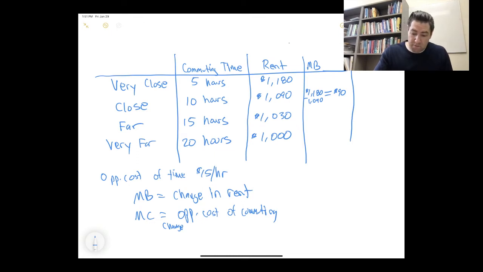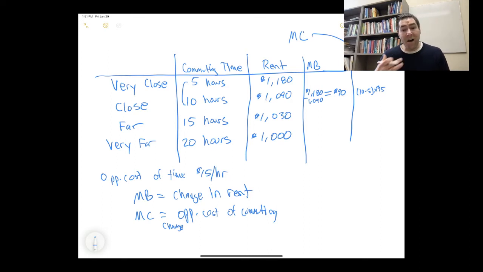I realize you can't see this, so I'm going to put marginal cost over here. The marginal cost of going from very close to close is the additional commuting time. The additional commuting time is 5 extra hours: 10 minus 5, times the opportunity cost of my time, which is $15.